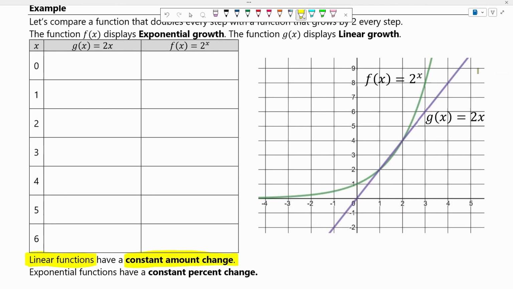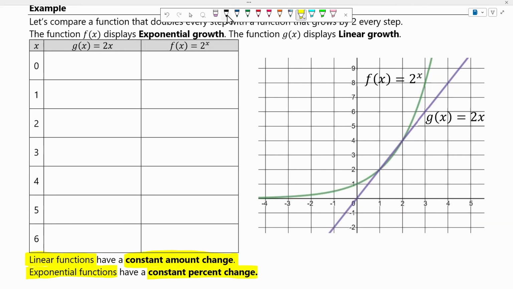So as your x traverses the number line, you add or subtract a fixed amount. And exponential functions, these are the new ones, have what's called a constant percent change. A constant percent change. So what does that mean?